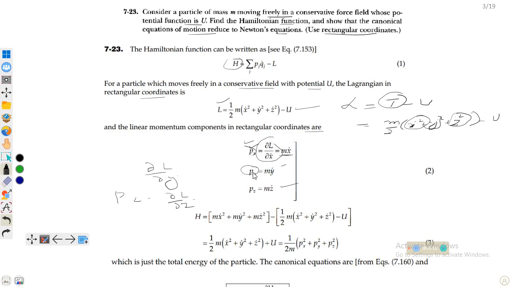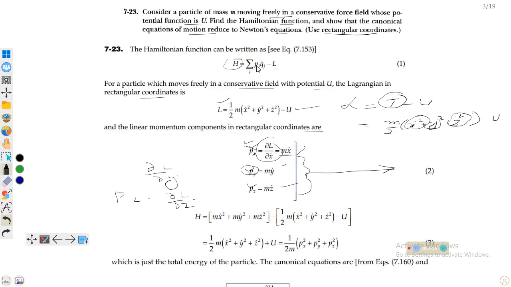We have p_x, p_y and p_z. We will plug these equations, which are jointly written as equation 2, into this expression 1. So this will give us the Hamiltonian.